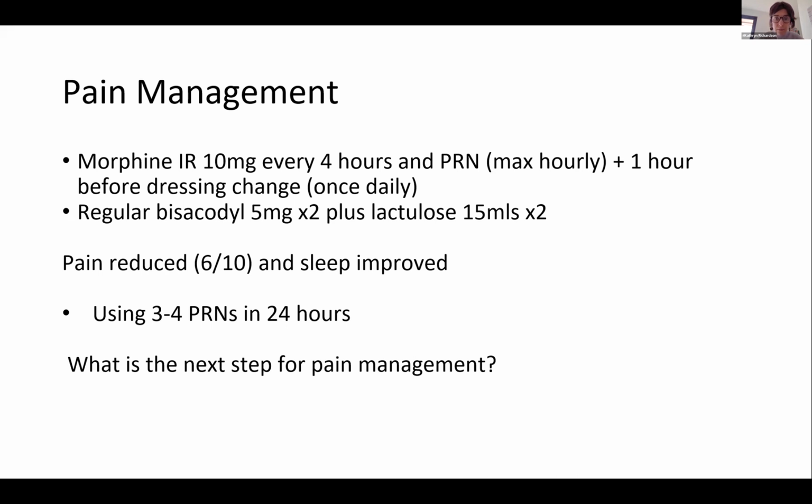Okay, and there's some good answers here. So Moza, you had the right answer there with 10 milligrams every 4 hours with PRN. That's excellent. Okay, and there's a comment here: we can give morphine every 8 hours. So we could switch to sustained release morphine. But what we usually do is we titrate and get the pain controlled on immediate release morphine.